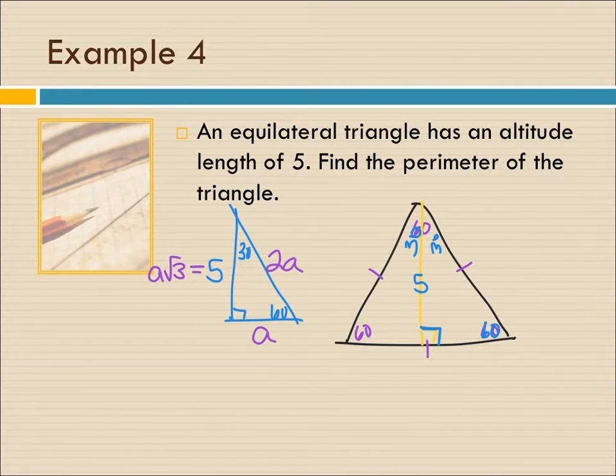So it just got a little uglier, because now I'm not given the A, I'm given the A root 3. So I'm going to do the same thing we just did in the last example. I'm going to say, okay, if A root 3 equals 5, then I need to solve this for A. How do I do that? Divide by root 3.